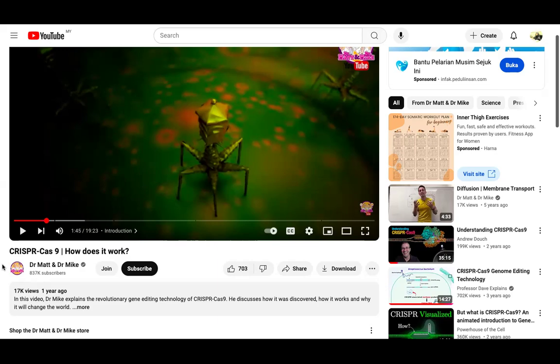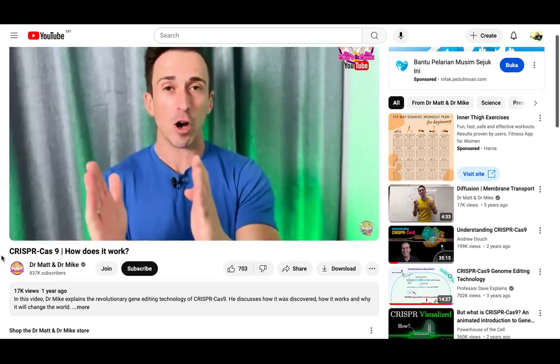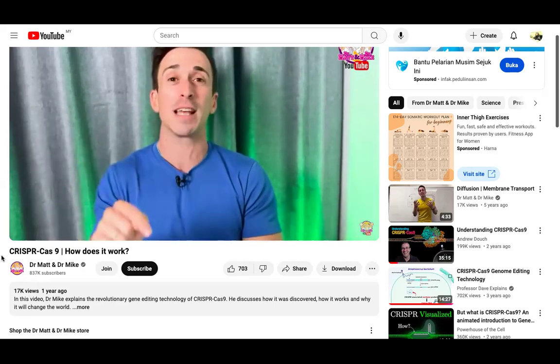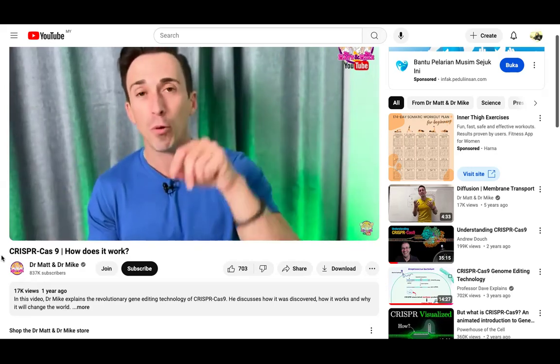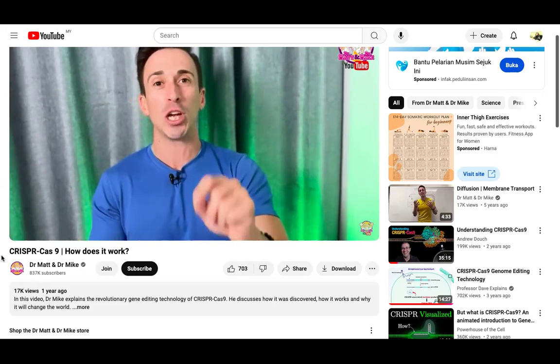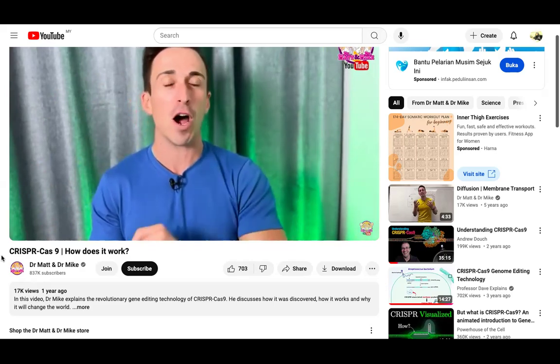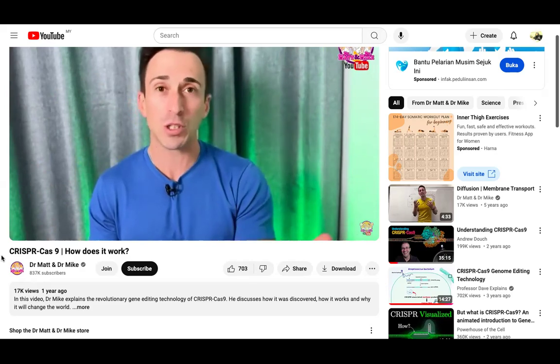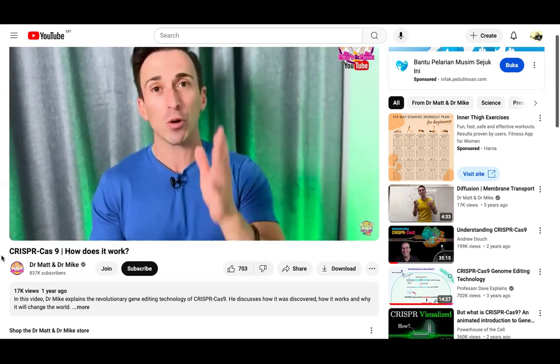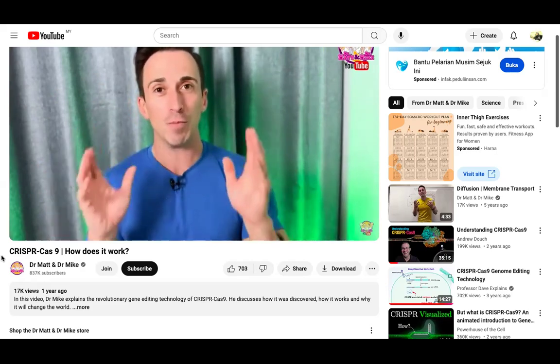That small copied piece is called a spacer. Researchers discovered that bacteria had a mechanism to cut fragments of DNA from the viruses infecting them and incorporate them into their own genome as a memory of that invading virus. Effectively, this was the bacterial version of the adaptive immune system.